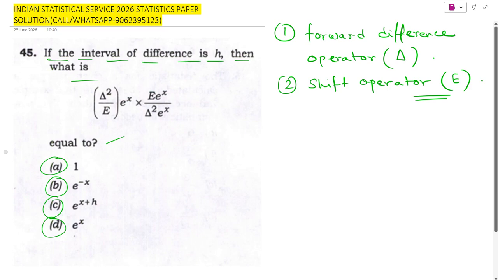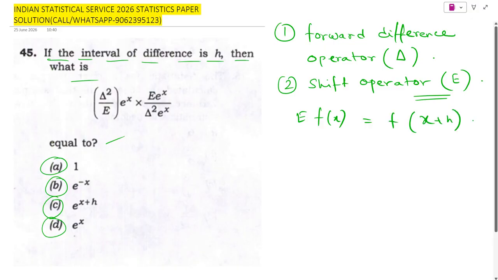When E acts on a function f of x, it advances the argument by exactly one step size h. So E f of x is f of x plus h.